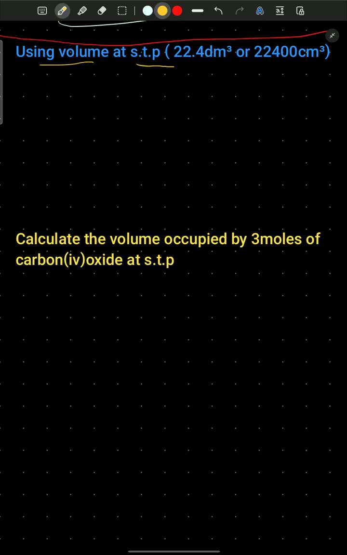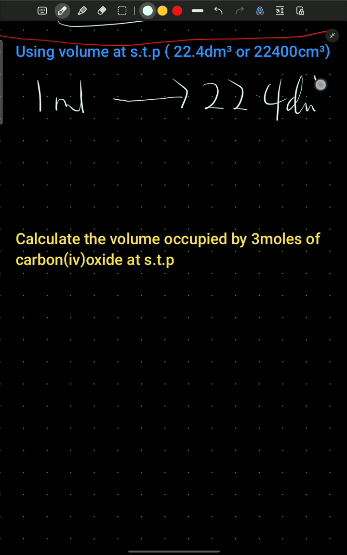And what is the formula? Before I give you the formula, you should know I love explaining the theory aspect of it. Just like how 1 mole of any substance is equal to its exact molecular mass, and 1 mole of any substance is equal to 6.02 times 10 to the power 23, according to scientific experiment, 1 mole of any substance should be equal to 22.4 dm cube.